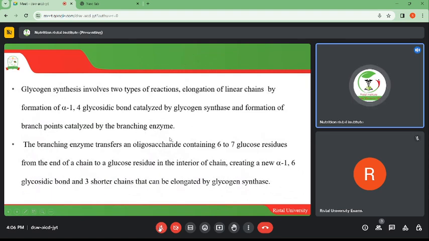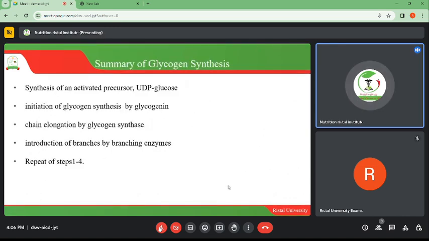So I think that can be so much clearer now. Like we said, the three shorter chains can be elongated by glycogen synthase. Each chain that has formed at the branch point is elongated further by our glycogen synthase enzymes. So to have a summary of this glycogen synthesis: first is the synthesis of an activated precursor, UDP glucose, the molecule that is so activated and helps this process to proceed.